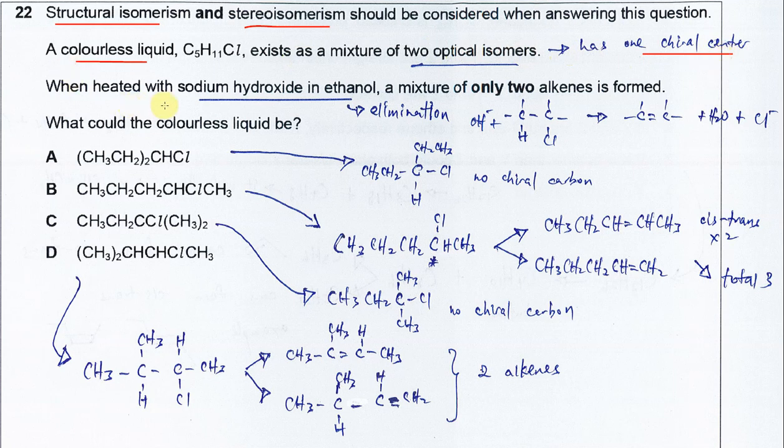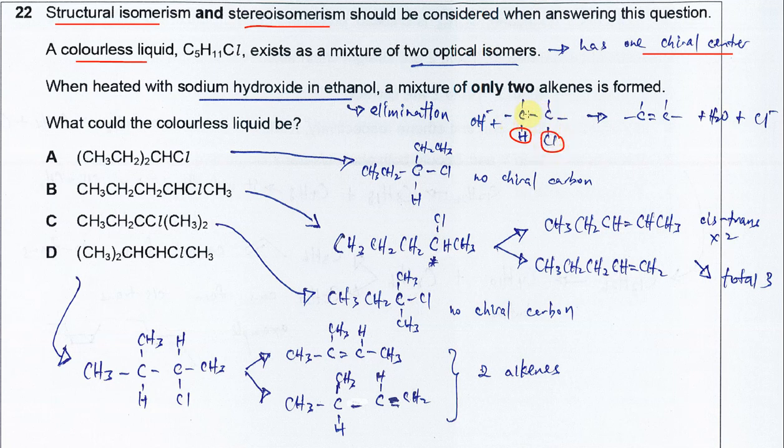When heated with sodium hydroxide in ethanol, which is elimination, a mixture of two alkenes is formed. A very important thing before you proceed is you must understand the elimination happens when there is a hydrogen on the adjacent carbon, the carbon next to the one with chlorine.